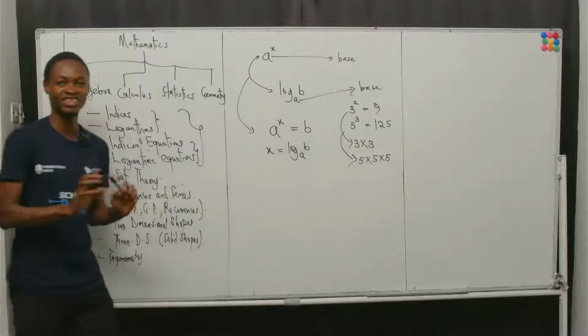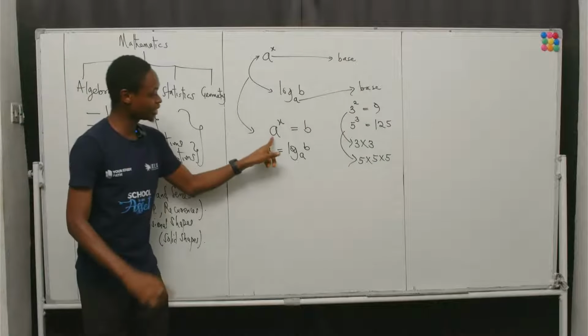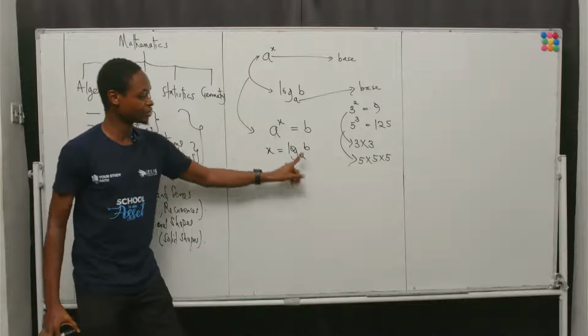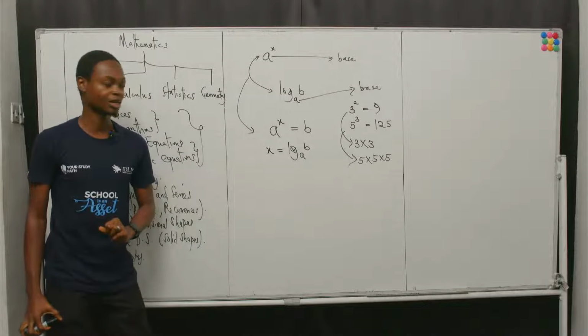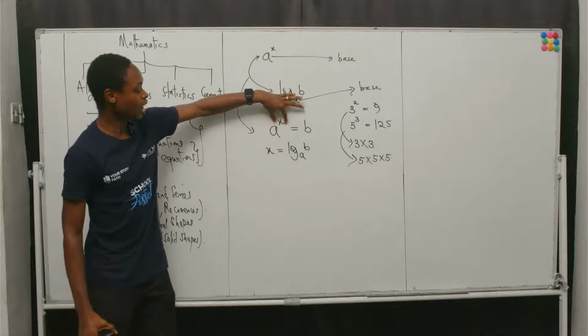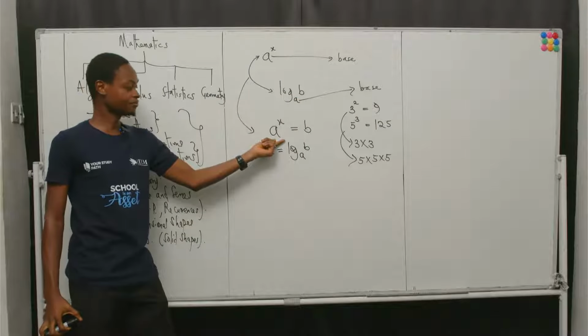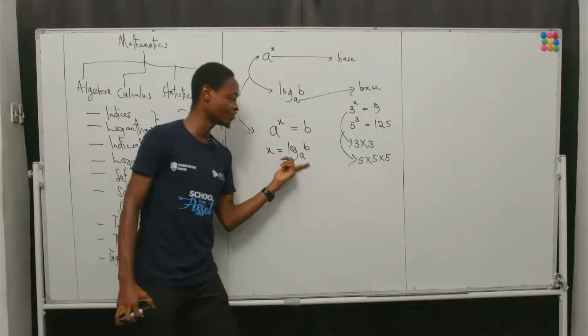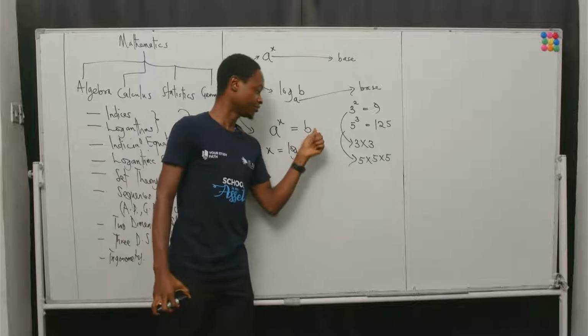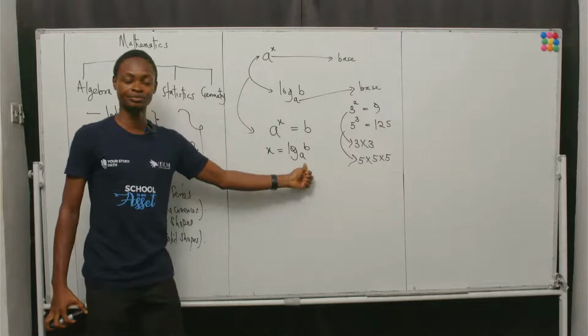That's the first key thing. The base in the indices is also the base in the logarithm, right? The power of the indices is the result of the logarithm of that number to that base.